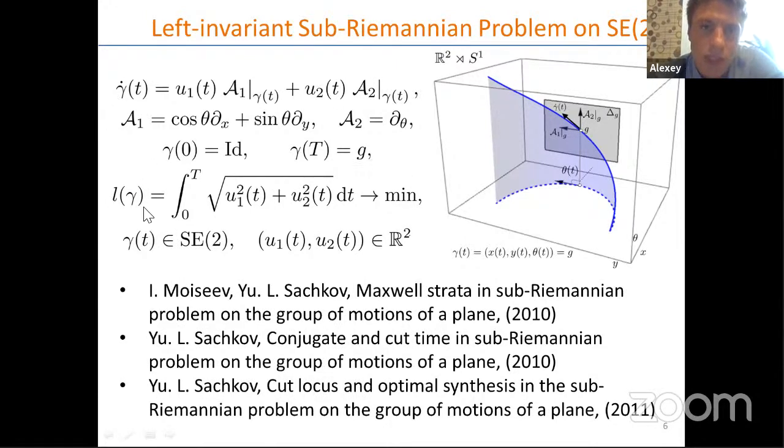This is a well-known Sub-Riemannian problem on SE2. It was studied by Yuri Sachkov and Igor Moiseev, and there the optimal synthesis was obtained in terms of Jacobi elliptic functions.